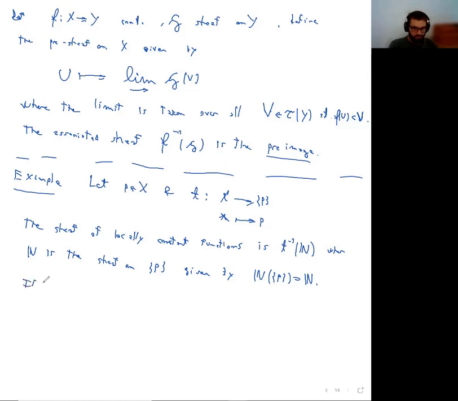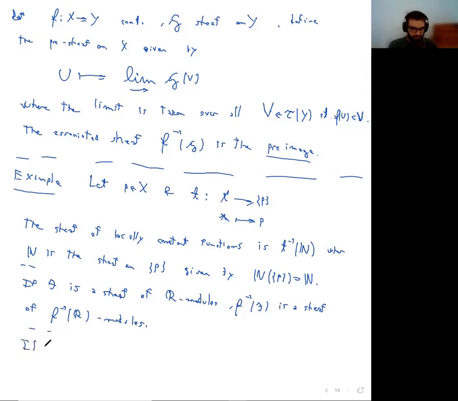And particularly, this is maybe a separate thing, if S is a sheaf of R modules, then we can guess that the pre-image sheaf is a sheaf of inverse image of R modules. So just some random facts.